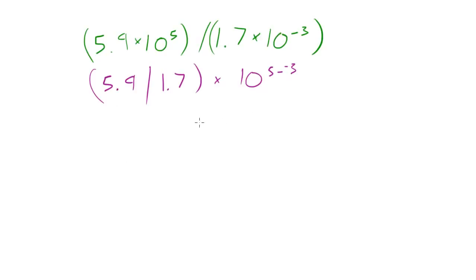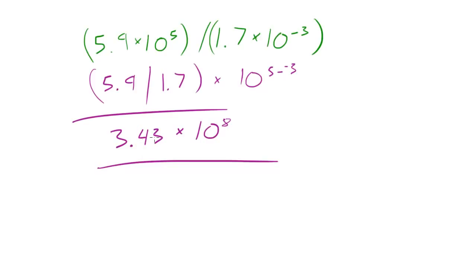So on the left side of this equation, what we get is 3.47 times 10. Remember, 5 minus negative 3 is pretty much saying 5 plus 3. So again, we don't need a calculator for that. 5 plus 3 is 8. So that's our final answer right there, and that's already in proper format. So 3.43 times 10 to the 8th is in proper scientific notation form.